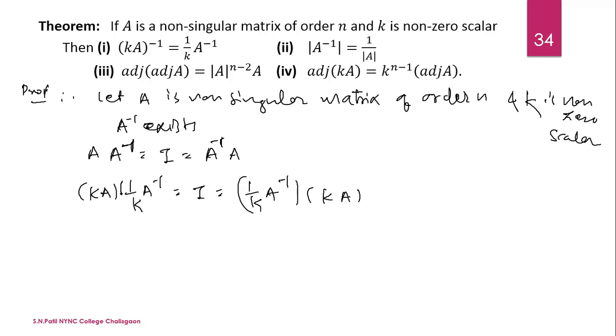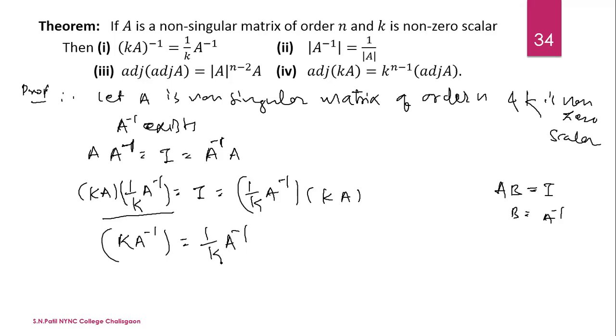Now consider the first relation. See here there are two terms whose product is identity matrix, and we know if A into B is equal to identity, then B is the inverse of A. That is, this term is the inverse of this. Otherwise you can use this relation, pre-multiplying by K into A inverse. That is K into A raised to minus 1 is equal to 1 upon K into A inverse.